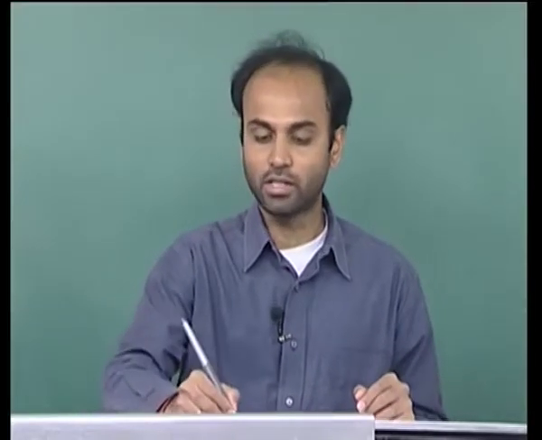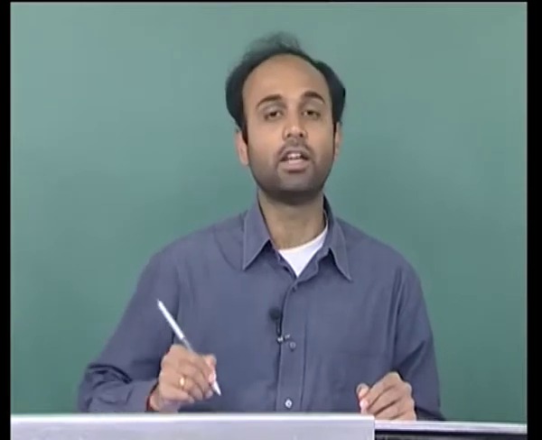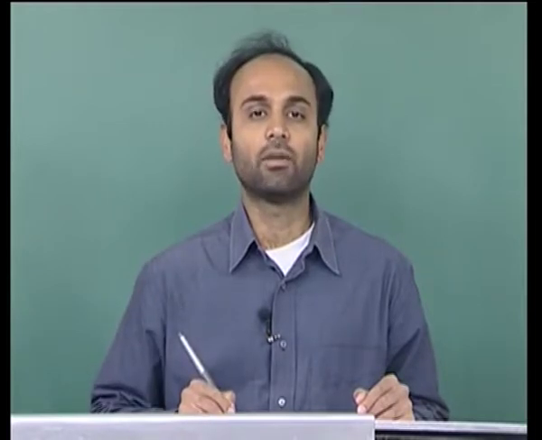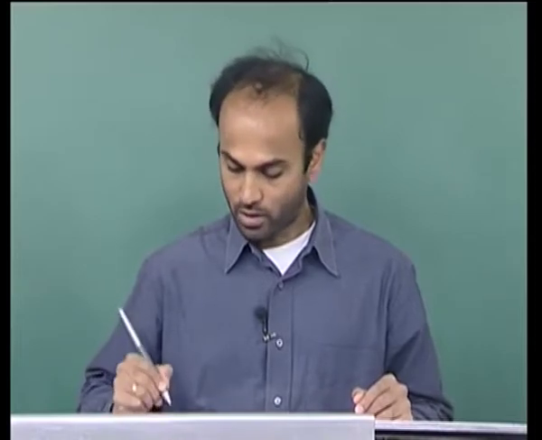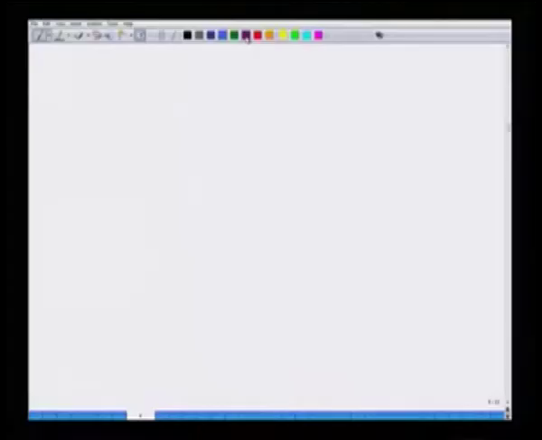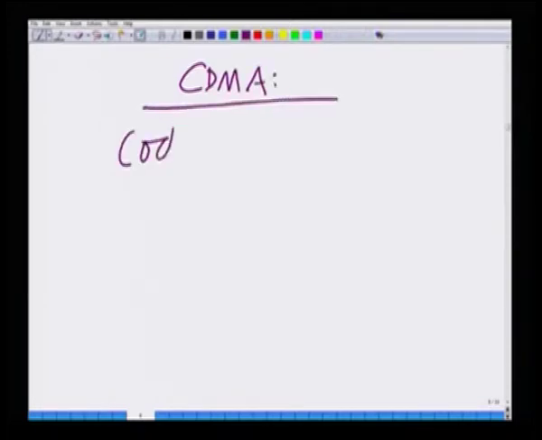Alright, so with that we will essentially conclude our discussion of CDMA, that is code division multiple access. We have seen several topics in CDMA, starting from things such as code sequences. If I were to list the topics that we have covered: CDMA stands for code division multiple access.